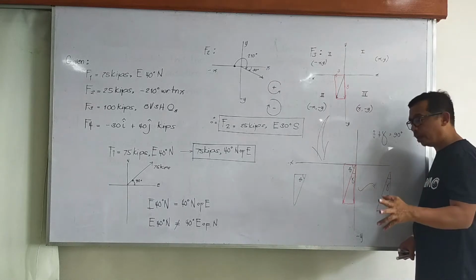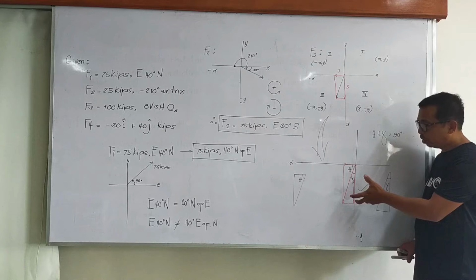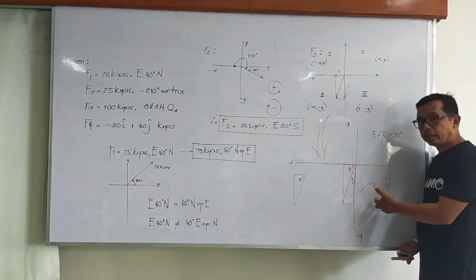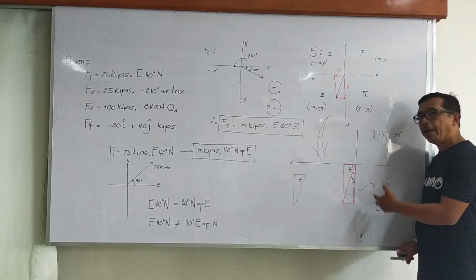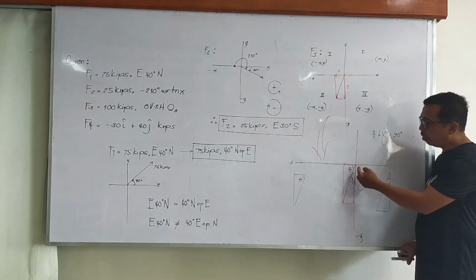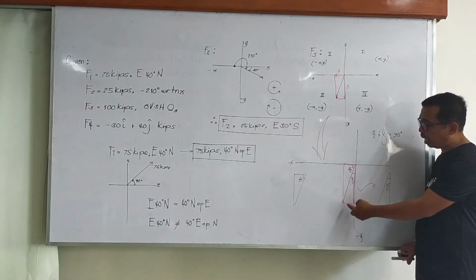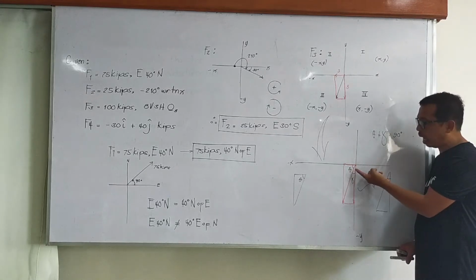And where do we go from here? You have the freedom to choose kung alin sa dalawang right triangles generated na gagamitin mo. In practice, ginagamit natin yung triangle na nakadikit sa y-axis ang angle.